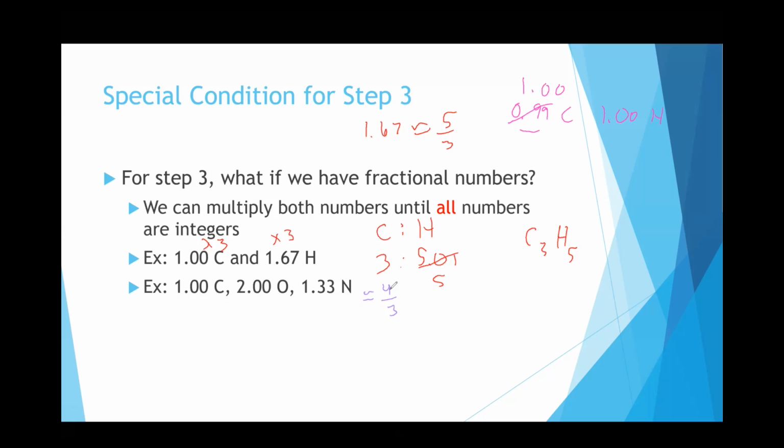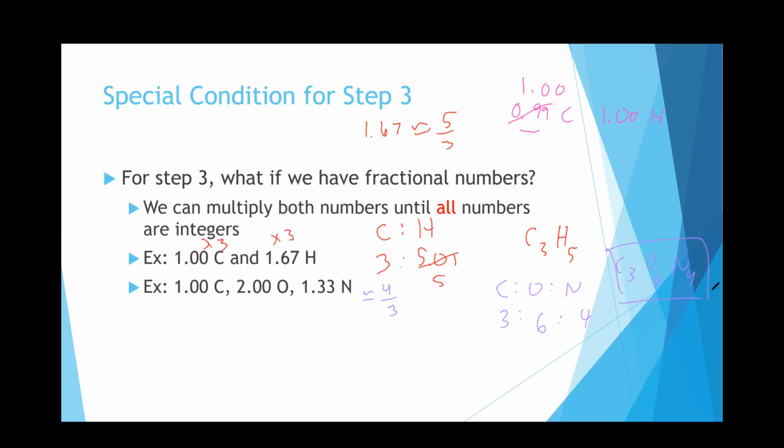So if we multiply everything by 3 again, carbon 1 times 3 is 3, oxygen 2 times 3 is 6, nitrogen 1.33 times 3 is 3.99, which is close enough to 4. And then we could just do C3O6N4. And that's our empirical formula.